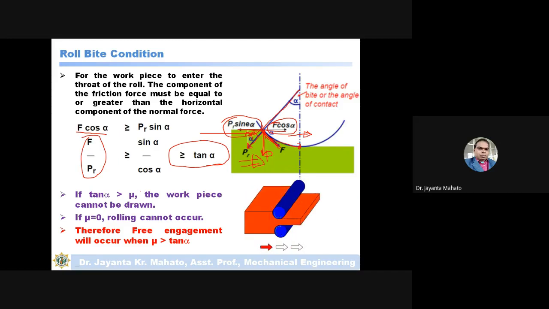So for the rolling condition, mu should be more than tan alpha; the coefficient of friction should always be greater than tan alpha.